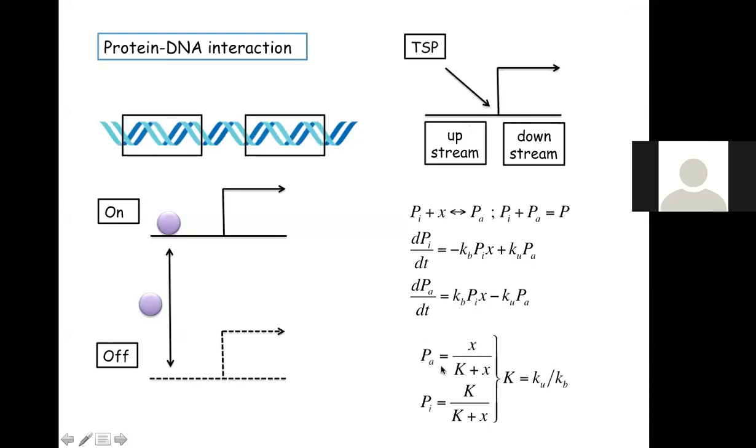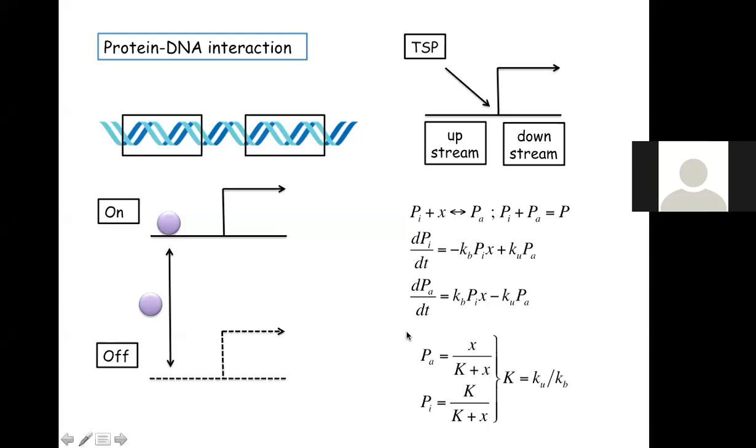We will arrive at the final expression of p active and p inactive, where these small k's are replaced by the capital K, which is known as the binding constant in typical biological textbooks, standard biochemistry books. K is basically the ratio of these binding and unbinding rate constants.